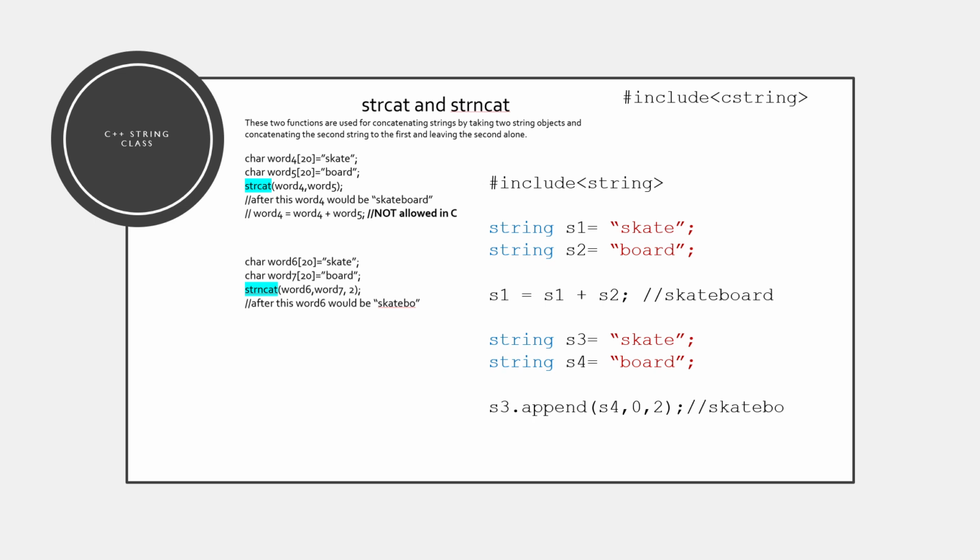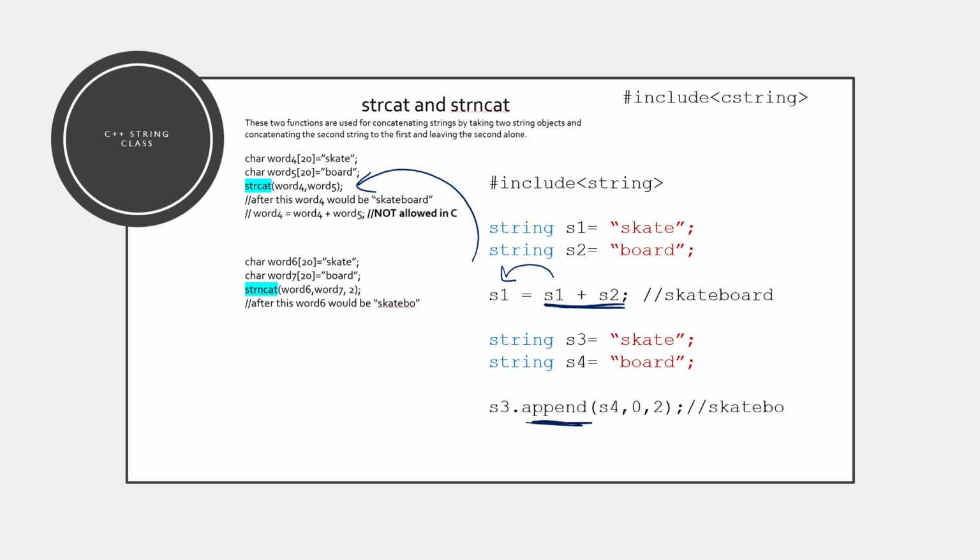So here's how you would make skateboard. You would take S1, add S2 onto the end of it, and assign it back to S1. That's the same thing as this strcat function right there. And then if you wanted to only put 2, you have to use the append function.